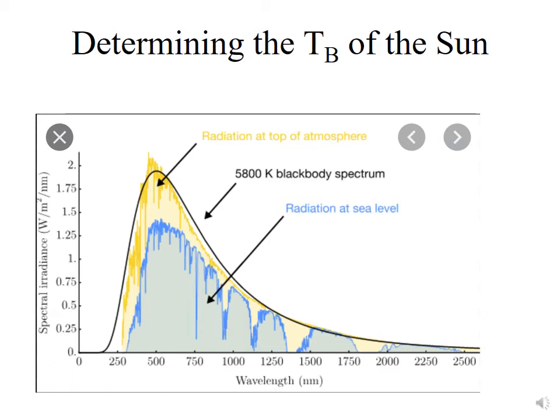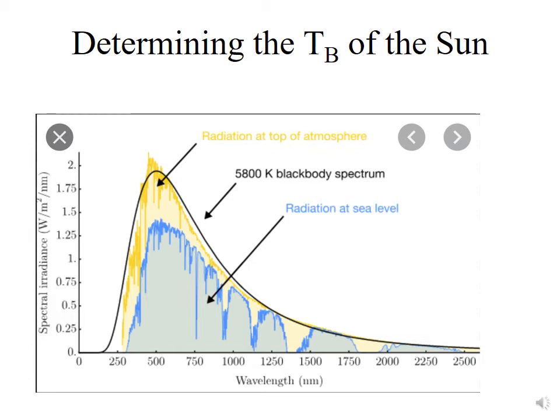For example, no radiation below about 300 nanometers, which is in the ultraviolet, actually makes it to the surface, even though those wavelengths are available at the top of the Earth's atmosphere.